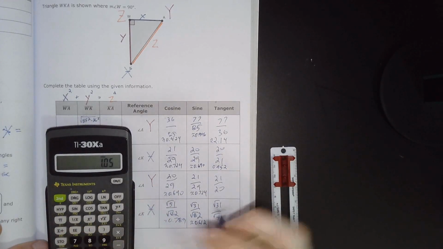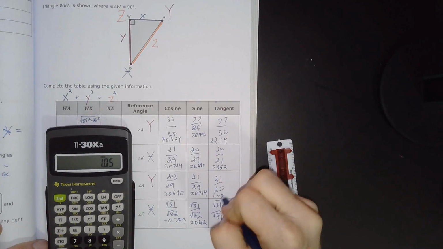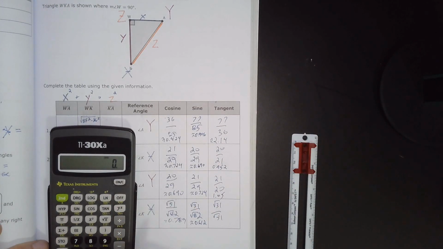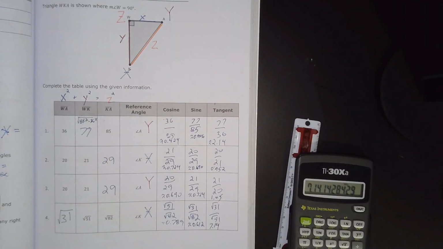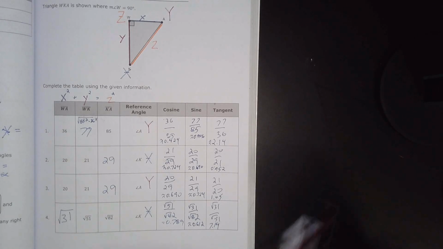I'm going to invert that for the next one, 1.05. And then I'm going to do square root of 31 divided by square root of 51. It's going to be 7.14. All right. First page is done. Let's see what the next page looks like.